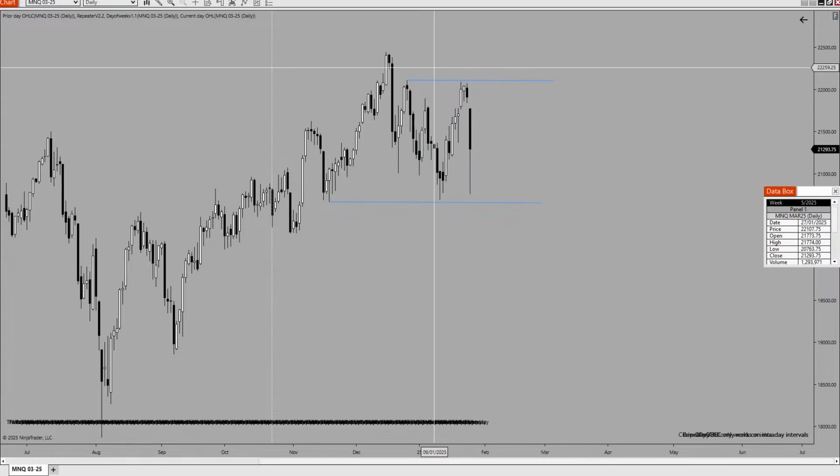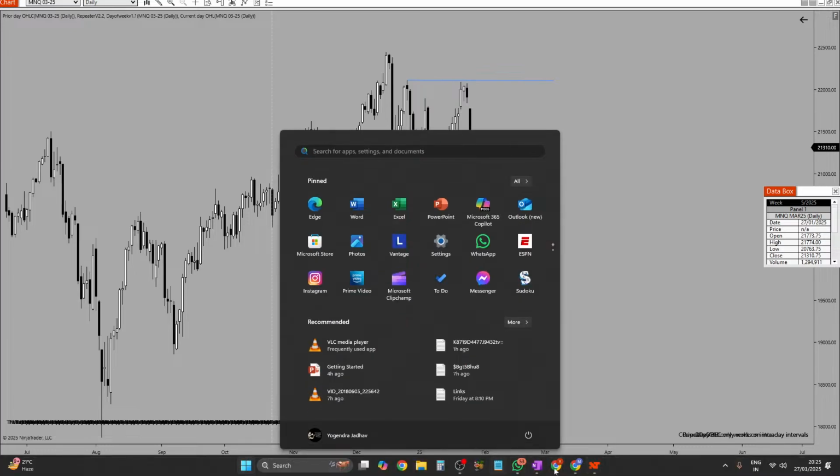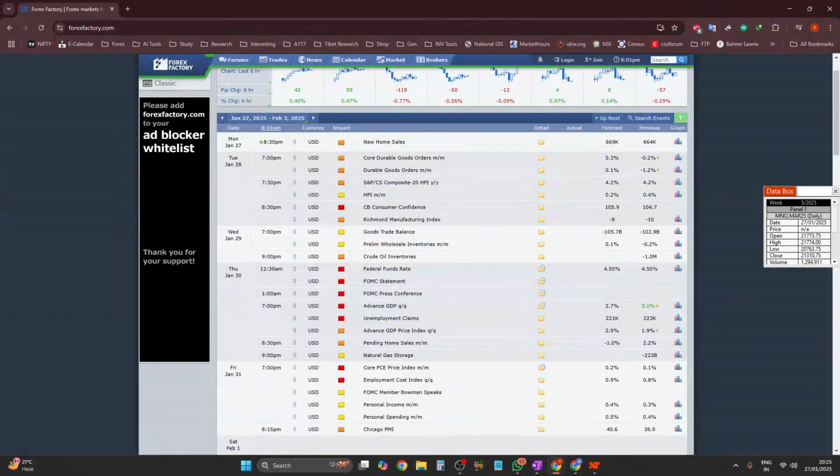And since this is a range that is held on the daily time frame, especially during weeks like this week, we have the federal funds rate. You notice this is a very, very important event for the US dollar and US economy.